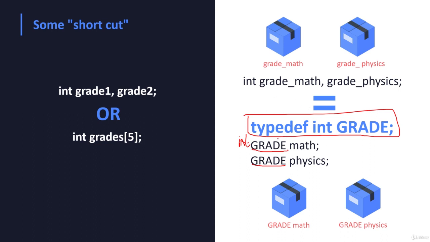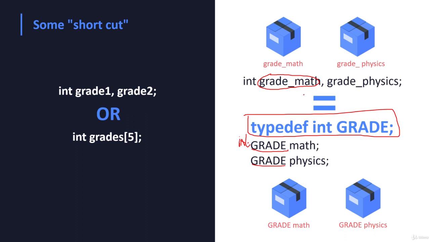So suppose you're writing a program. It will be much easier and more readable, even for you as a programmer, to understand what you mean by something like int grade math. If you had used int grade math, it's just a long variable name and it may even get much longer, like grade history or something like that. It may be very long because you want a descriptive variable, but I'm not sure you should use such long variable names.